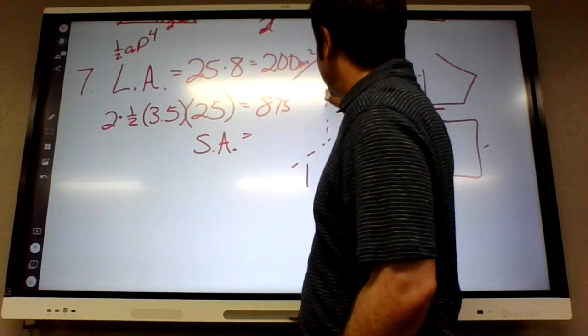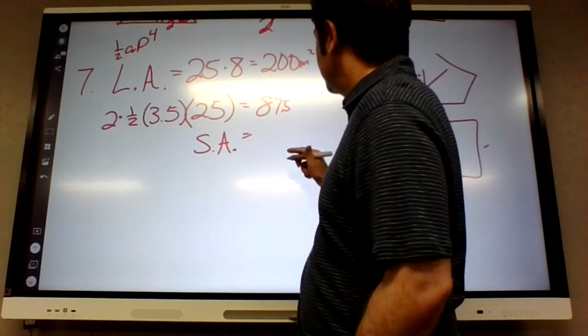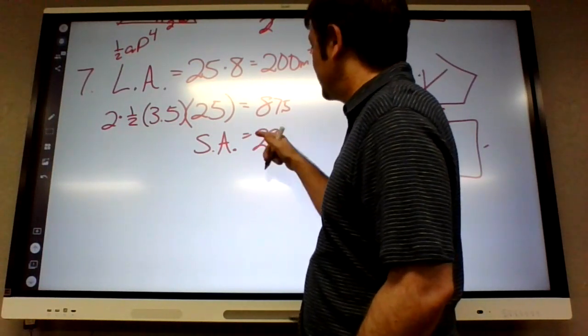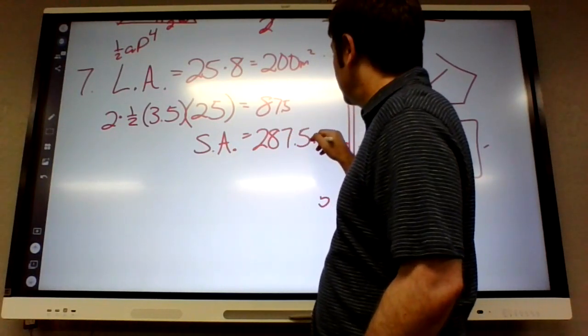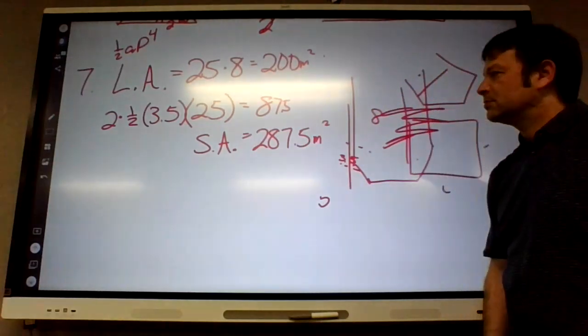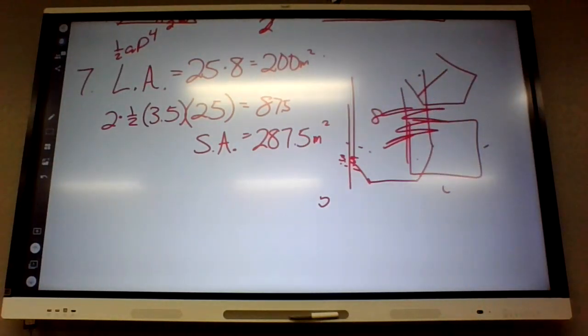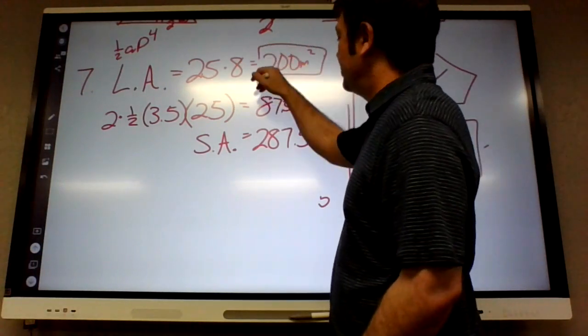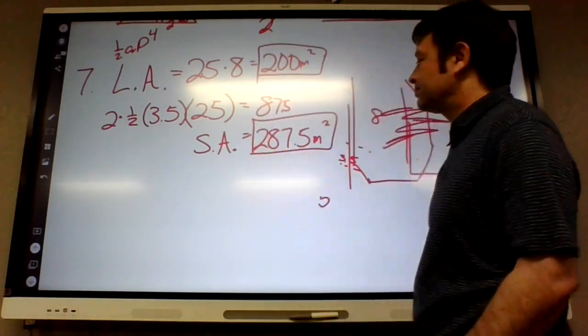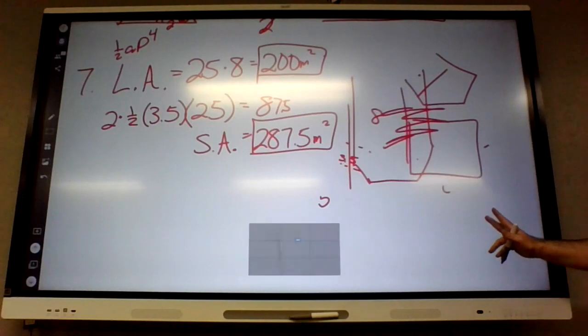So my total surface area is 287.5. These will be worth like 1 point each.